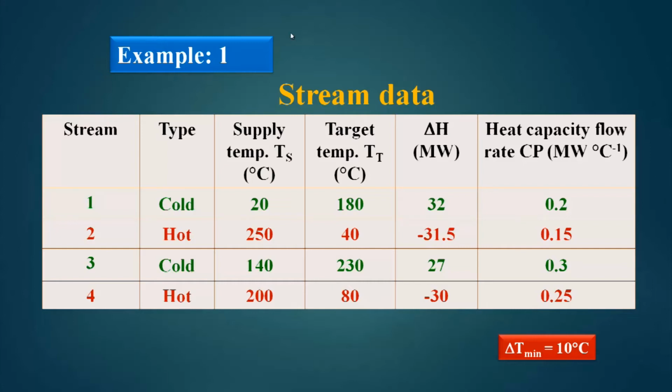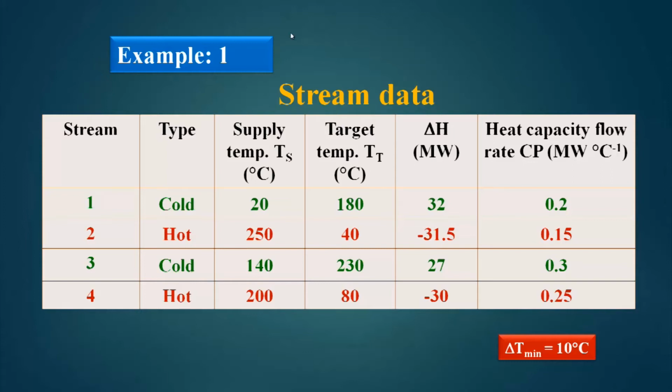Then we also design heat exchanger networks for different delta T minimum values and select a particular delta T minimum value, which we will call delta T minimum optimum, at which the heat exchanger network cost is minimum.